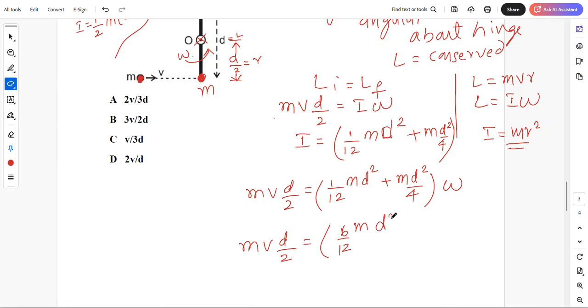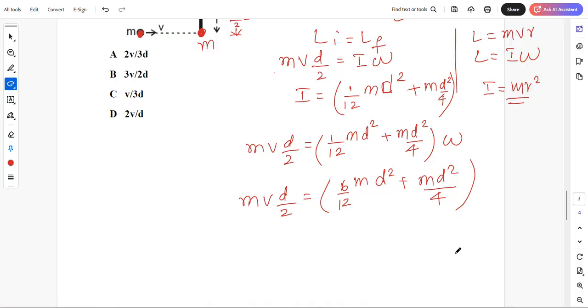Just substitute here: m v d by 2 equals 1 by 12 times 6m d square plus m d square by 4. So I can simplify this to 1 by 2 m d square plus 1 by 4, which is 3 by 4 m d square.